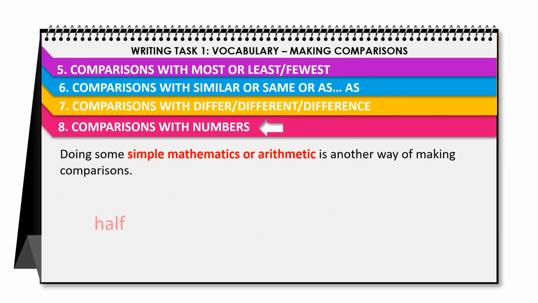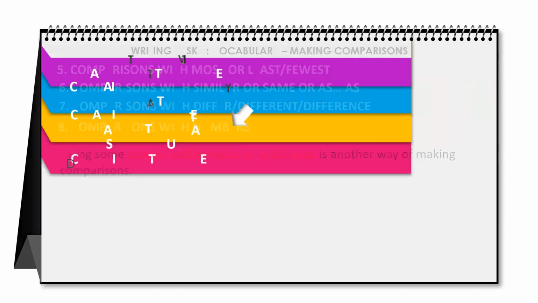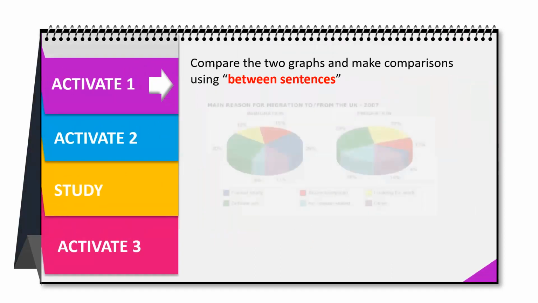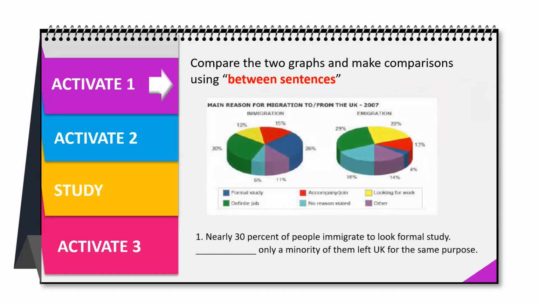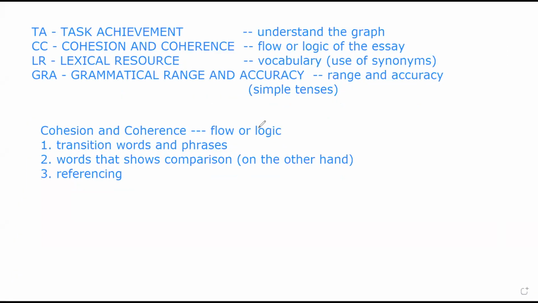Okay. So again, the first way to improve both logic and grammar for task one is to use words that show comparison, which I have just shown earlier. Now next we move on to referencing.